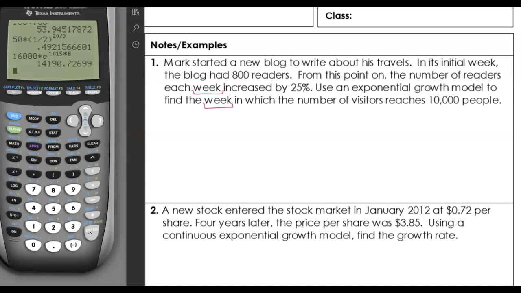Does that make sense? Because we're starting with an increase per week and it just wants to know how many weeks it will take to reach a certain amount, we don't need to worry about computing multiple times within that period. So we don't need to worry about n. We just use this formula here. A equals the initial amount times 1 plus the rate raised to the time.